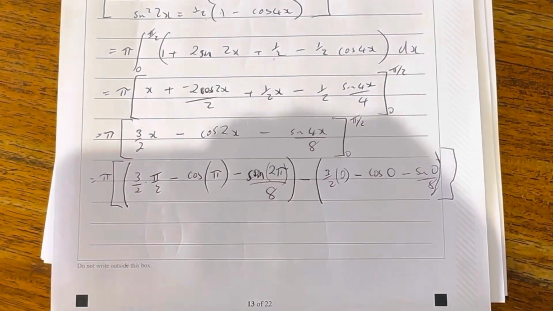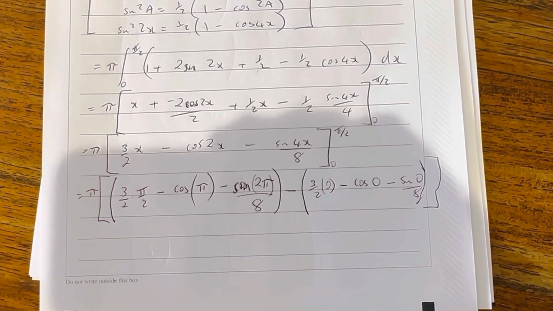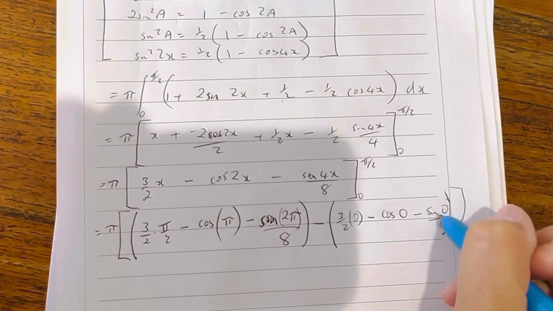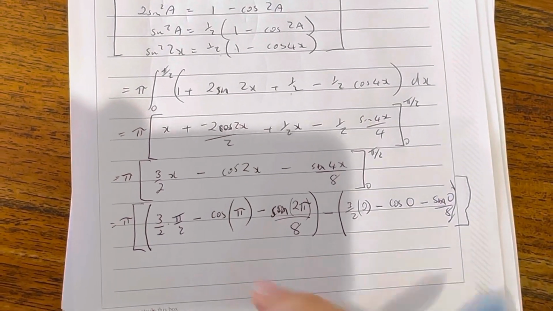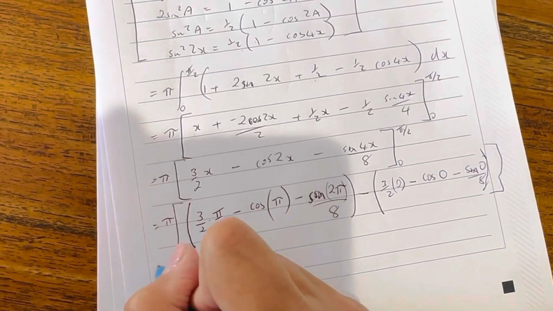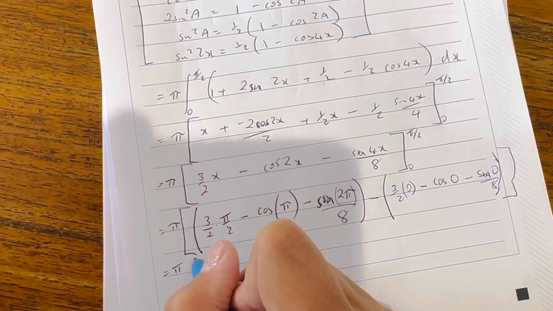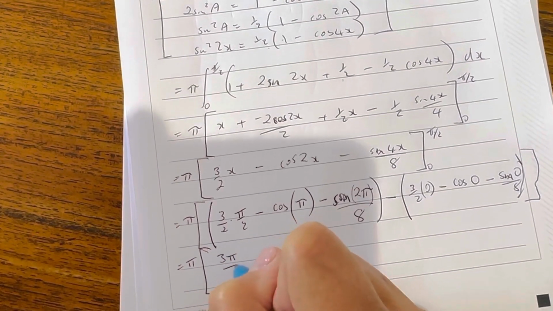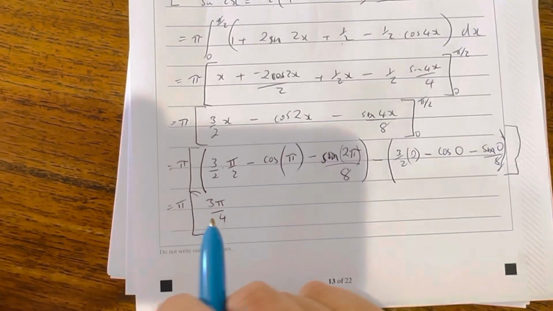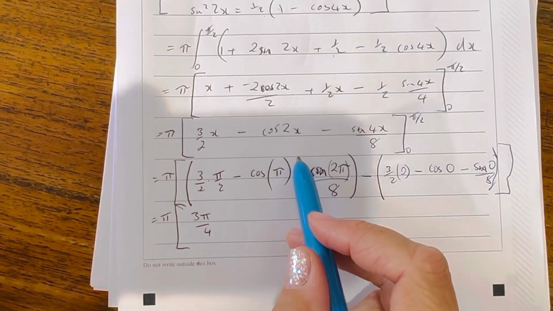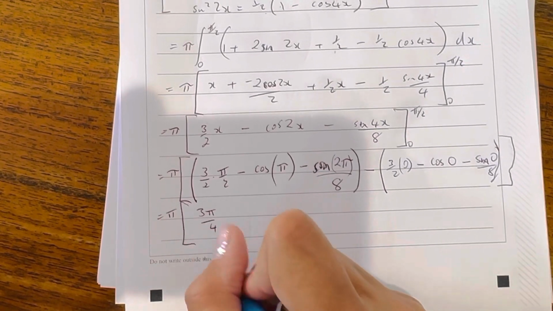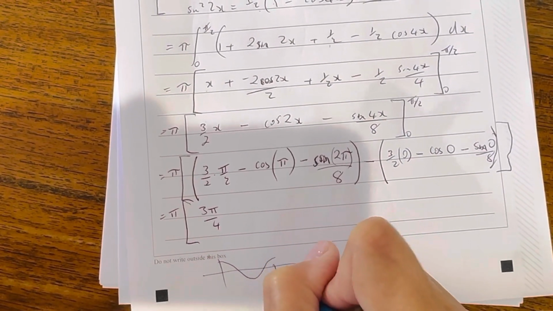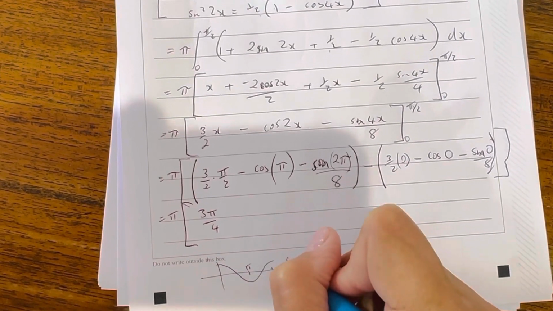So just doing my substitutions in. Those signs are getting a bit hard to read, aren't they? Leaving my pi outside, I'm going to have 3 pi on 4. We need to know our cos and sine values. Remember, cos is this graph to 2 pi, that's cos.